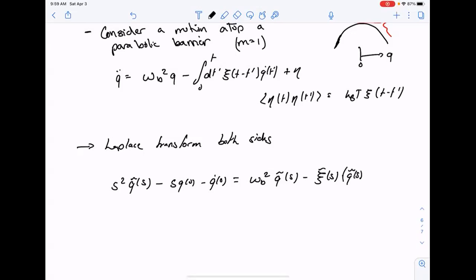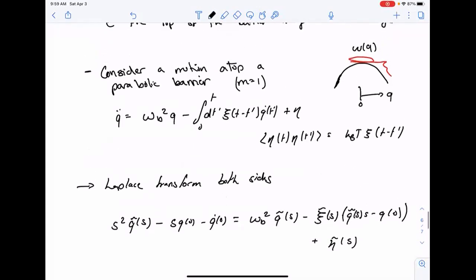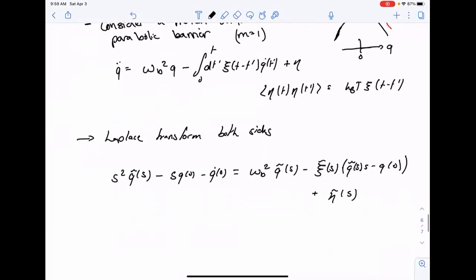It's made a little bit more complicated by the fact that it's Q dot. And we have the Laplace transformed noise. So let's take this barrier as I've drawn it, centered at Q0.